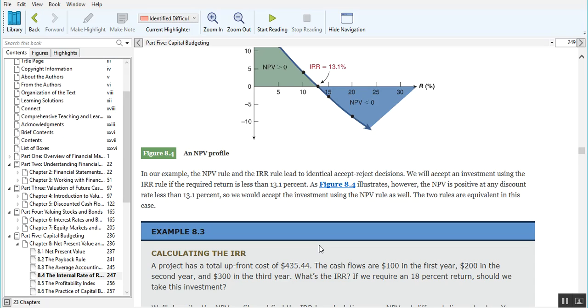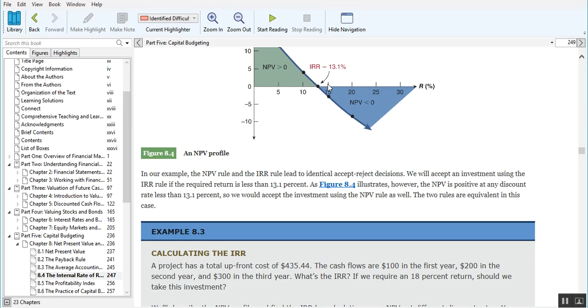If the net present value rule and the internal rate of return rule lead to identical accept and reject decisions, this is what's going to happen. We'll accept an investment using the internal rate of return if the required return is less than 13%. The way this illustrates in this figure is if we need a greater rate of return out here, this results in negative, and we're not going to take it.